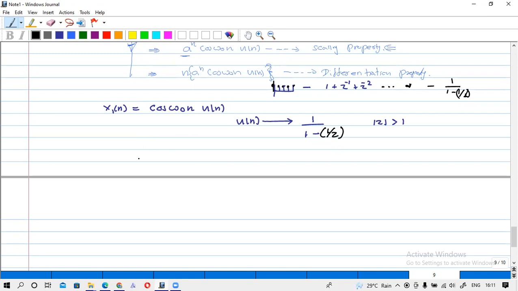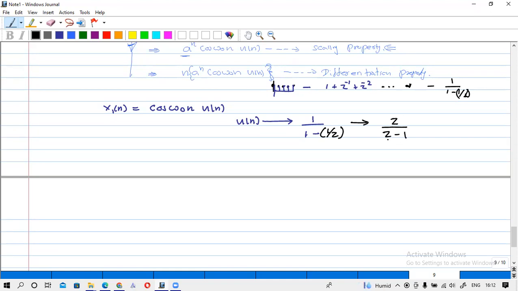So actually this can be also expressed as, when we are finding the poles and zeros, it is better to have this kind of form. So here 1 by z, you can get the common denominator. We have z minus 1 here, and z goes up. So here we have z divided by z minus 1.